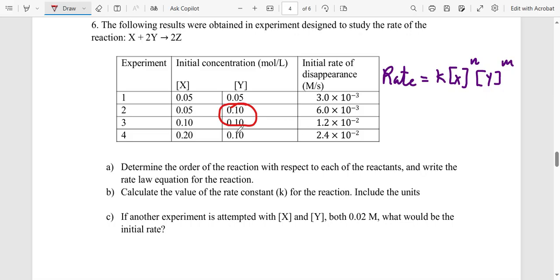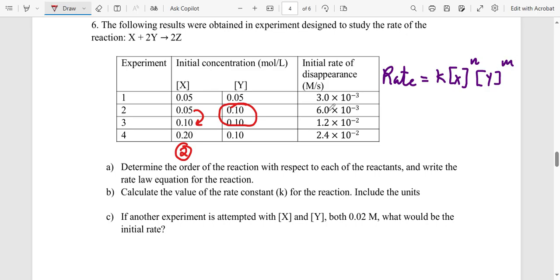Look at what happened to the initial concentration. We moved from 0.05 to 0.1. So what happened to the concentration? It doubled. And remember, that is x. So x has doubled. Now y is the same, so y will remain constant.